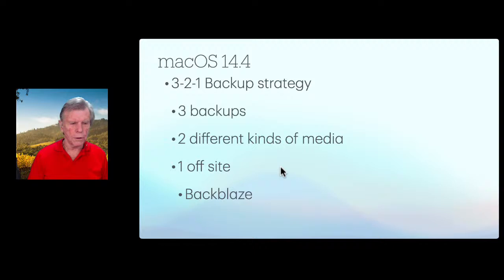Bob and Kurt do this. I think about once a month they swap backup drives, and so they have a backup that is off-site. Of course, with Backblaze, it's updated every day, so that is something to consider. So if you have anything valuable on your internal Mac drive, you want to be using the 3-2-1 backup strategy.